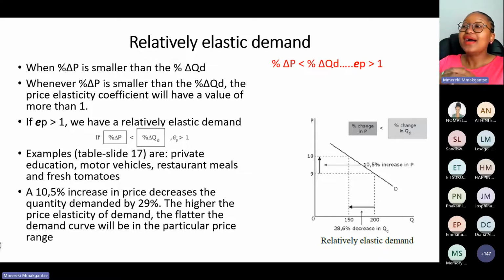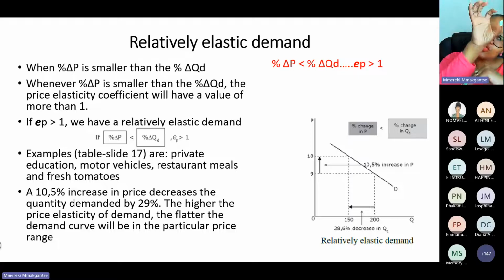Now we are doing relatively elastic demand of goods and services. We are told that the percentage change in price is less than the percentage change in quantity demanded. Therefore, our coefficient is greater than 1. Remember our coefficient formula, UP.